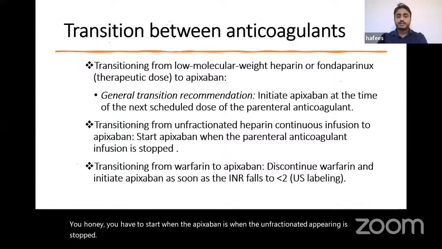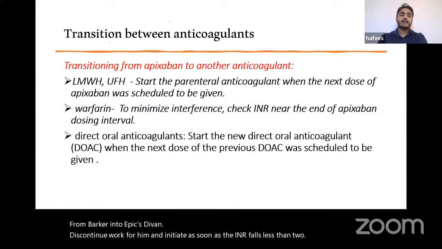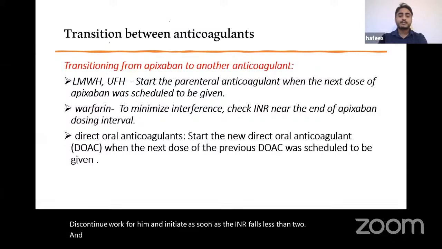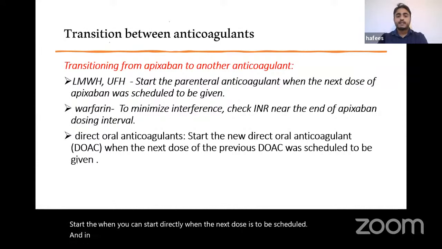From warfarin to apixaban, discontinue warfarin and initiate as soon as the INR falls to less than 2. And from apixaban to other medication, you can start directly when the next dose is scheduled. And in case of warfarin, check the INR near the end of apixaban dosing interval.